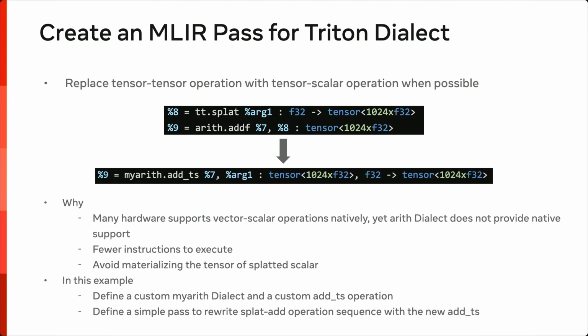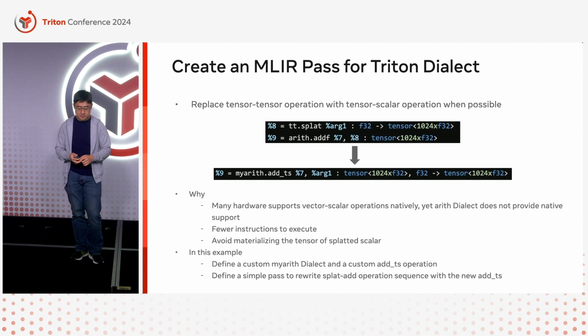The goal for this new pass is to define and create this new instruction. Here I'm calling it myarith dialect .ts. This new operation will take a tensor as the first operand, a scalar as the second operand, and it will produce the tensor result.